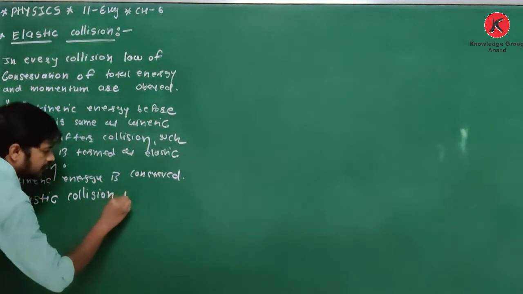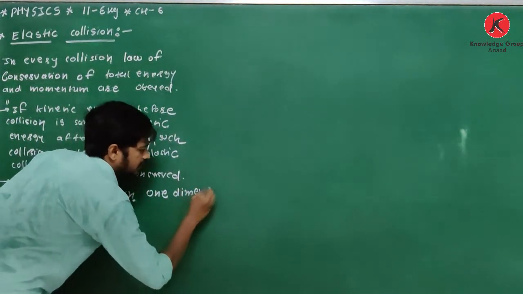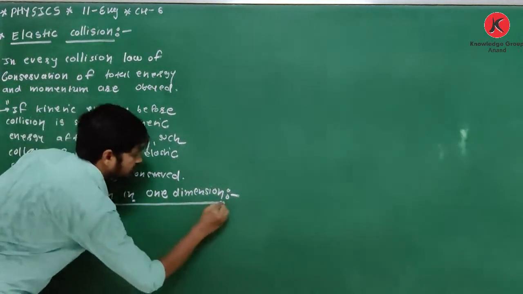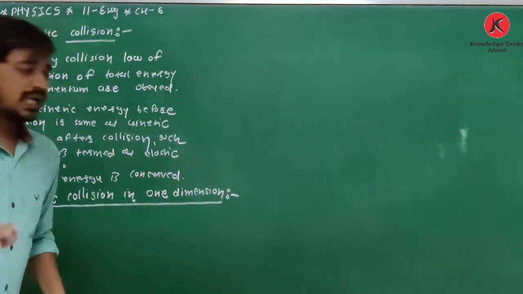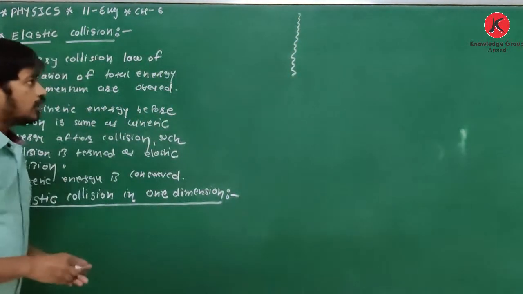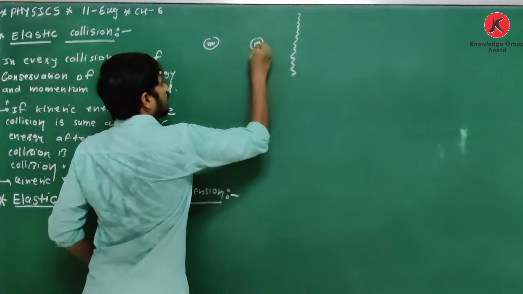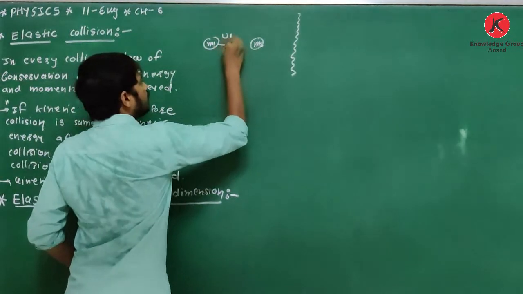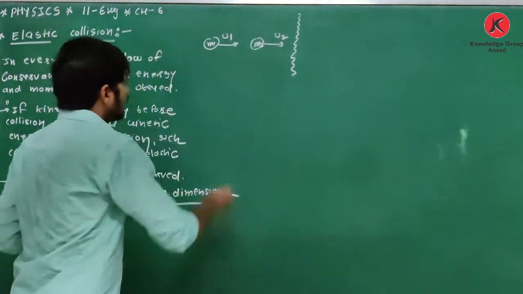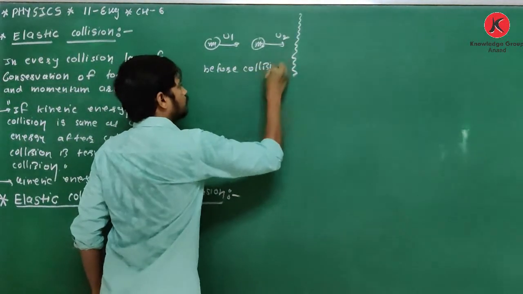For that, let us assume we have two objects having masses m1 and m2. They are moving with speeds u1 and u2 in the x direction. This situation is before collision.